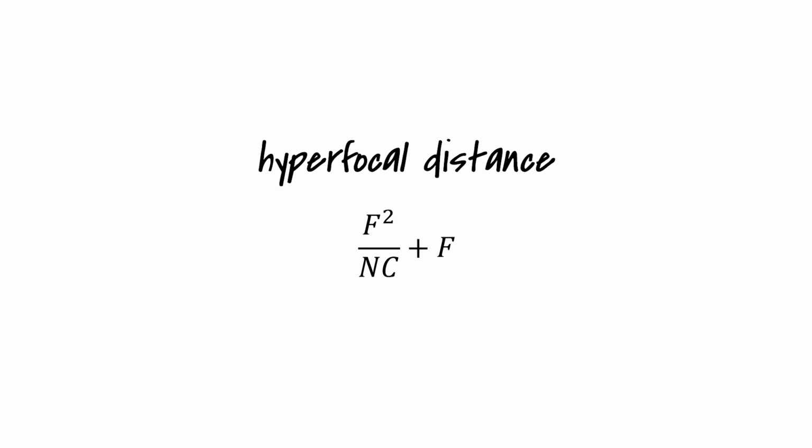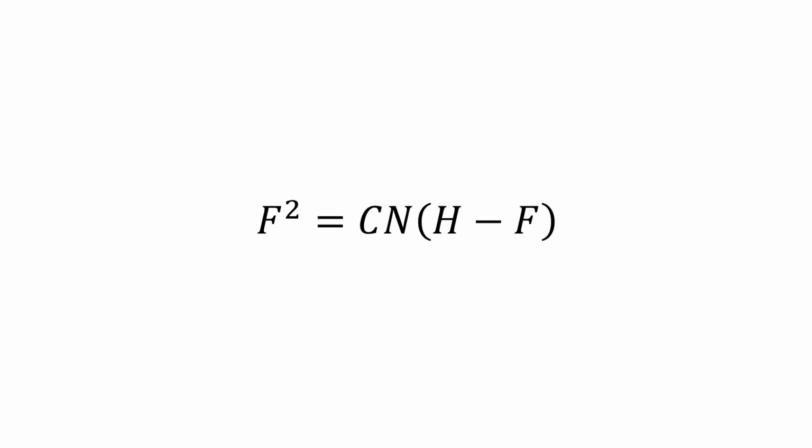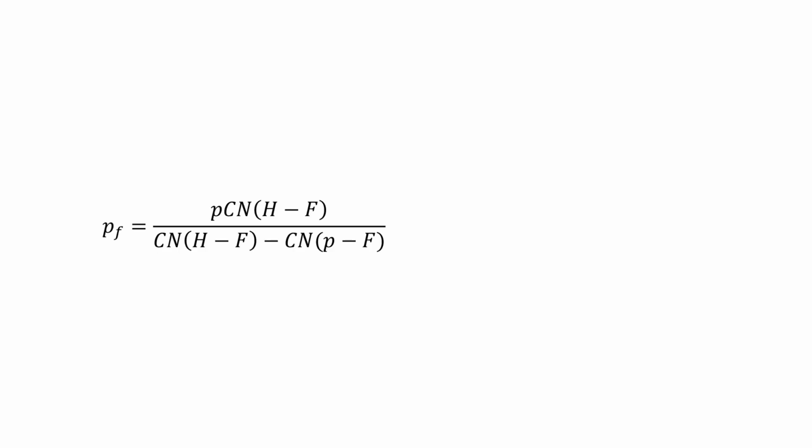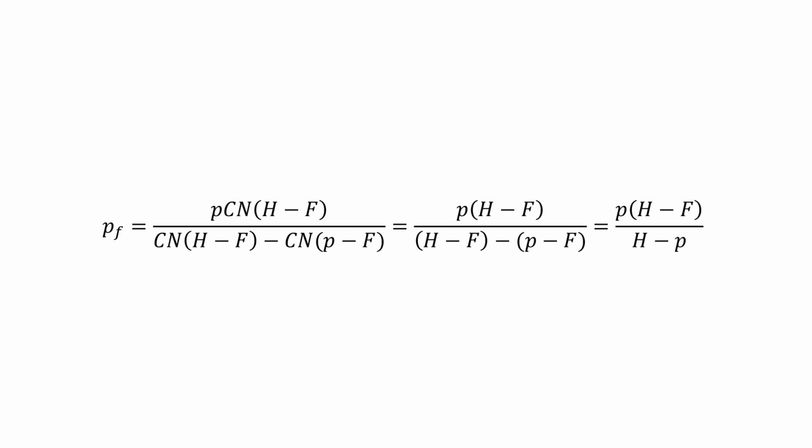Rearranging the hyperfocal equation, we get F squared equals C times N times H minus F. We already have two instances of F squared that we can substitute into the equation that we just found for PF equals P times C times N times H minus F divided by C times N times H minus F minus C N times P minus F. And we're going to simplify that all out to, as you can see, let's do this step right here. And then we get PF equals P times H minus F divided by H minus P.